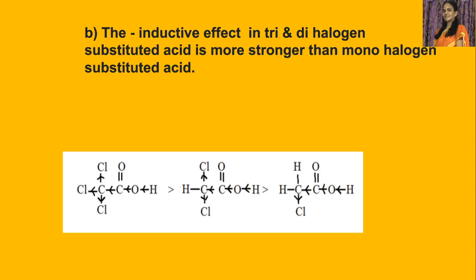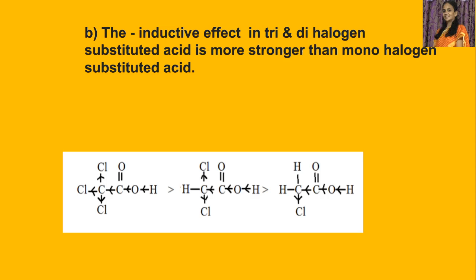Now, the inductive effect in a tri- or dihalogen substituted acid is stronger than in a monohalogen substituted acid. Why? Let's consider monochloroacetic acid first. This chlorine is more electronegative than carbon.